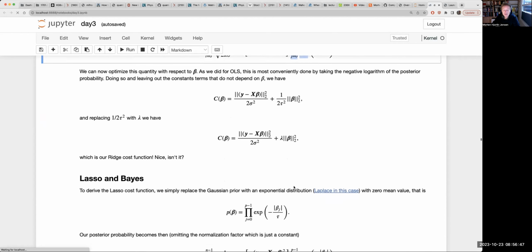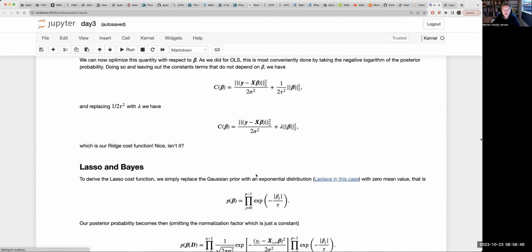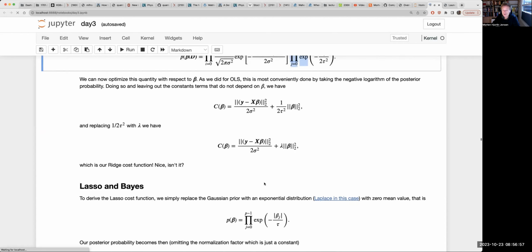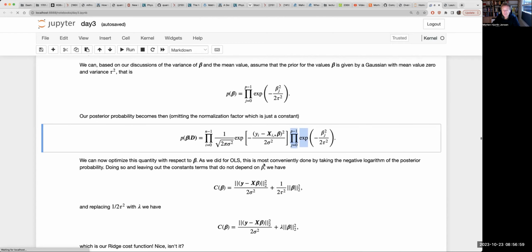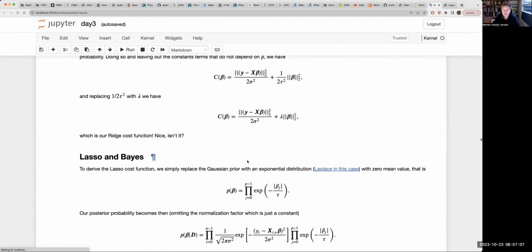And then we can use the same for lasso. In that case, we use something which is called the Laplace distribution, that's an exponential. So instead of having a Gaussian for the parameters beta, which is centered with mean value 0 and a specific variance, tau squared, we can now simply use an exponential distribution, which in our case, since it has an absolute value, is given by a Laplace distribution.